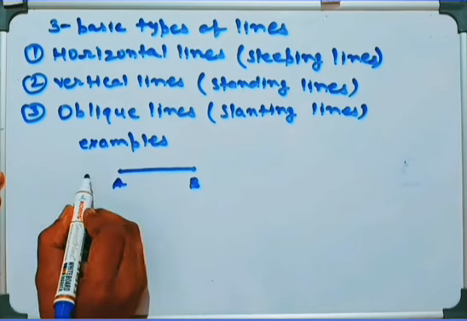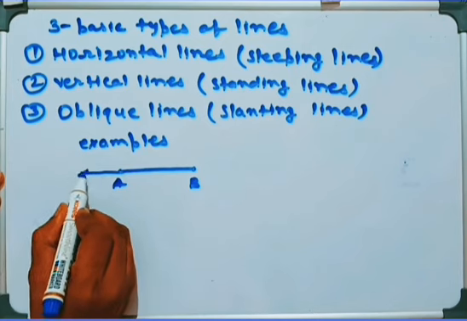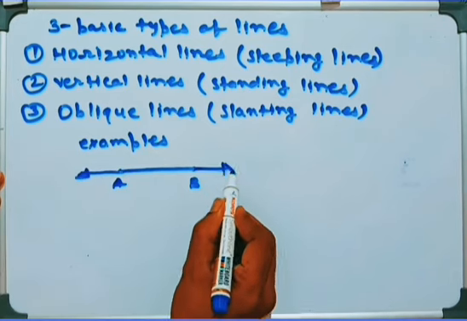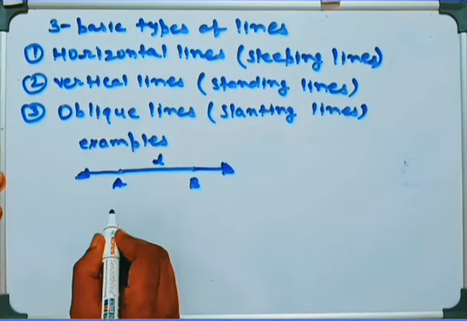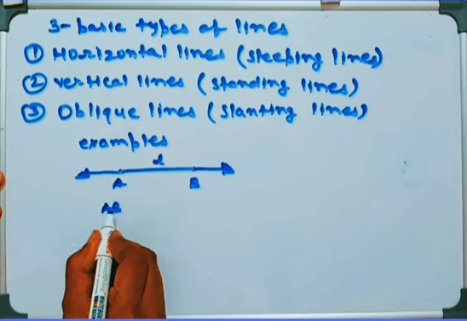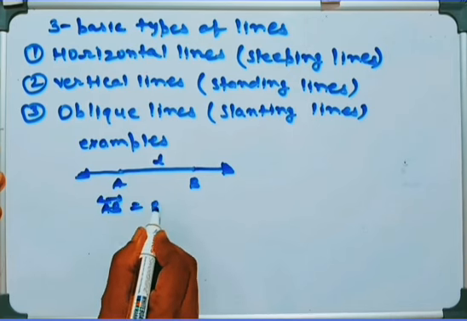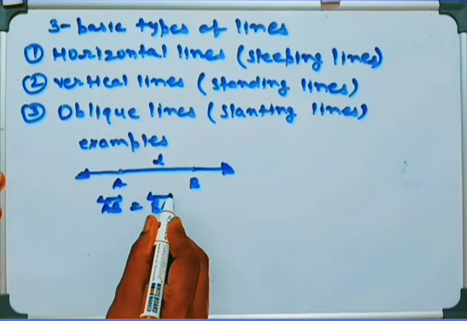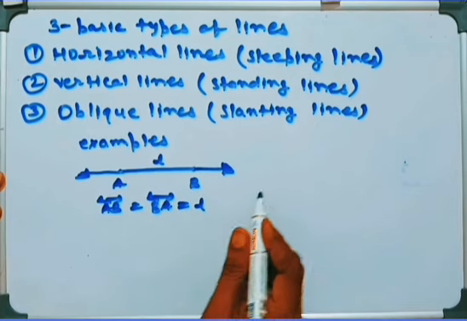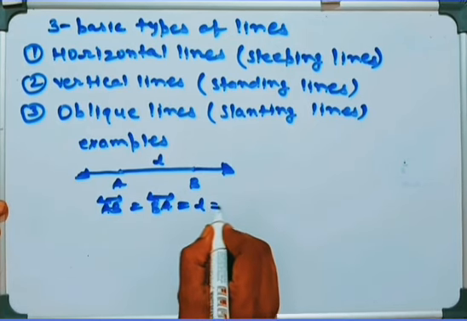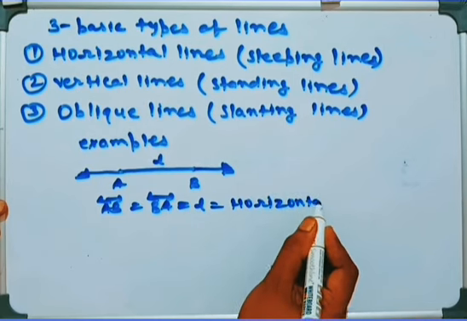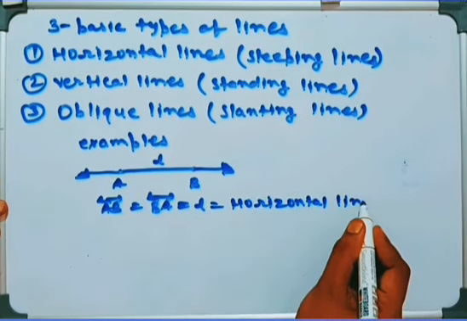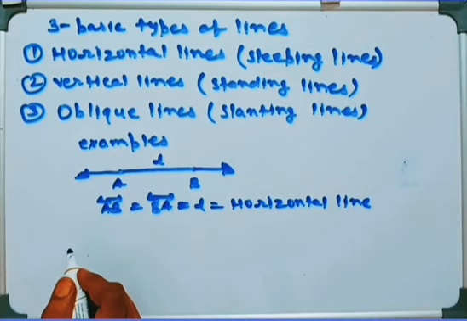Connect with this straight path, extend like this, put arrowheads and say this is L, then line AB, line BA, both are equal and it is represented by L, so it is a horizontal line.